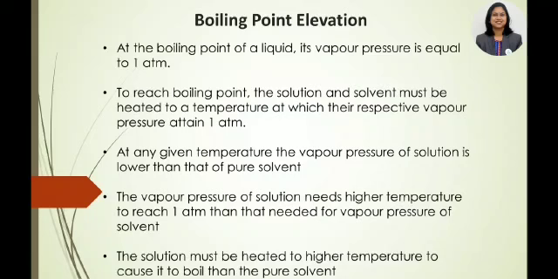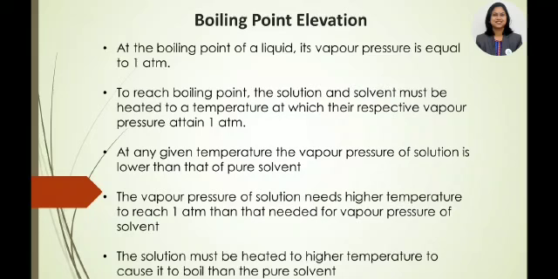At the boiling point of a liquid, its vapor pressure is equal to 1 atmosphere. Now, to reach the boiling point, the solution and solvent must be heated to a temperature at which their respective vapor pressures attain 1 atmosphere. At any given temperature, the vapor pressure of the solution is lower than that of the pure solvent.